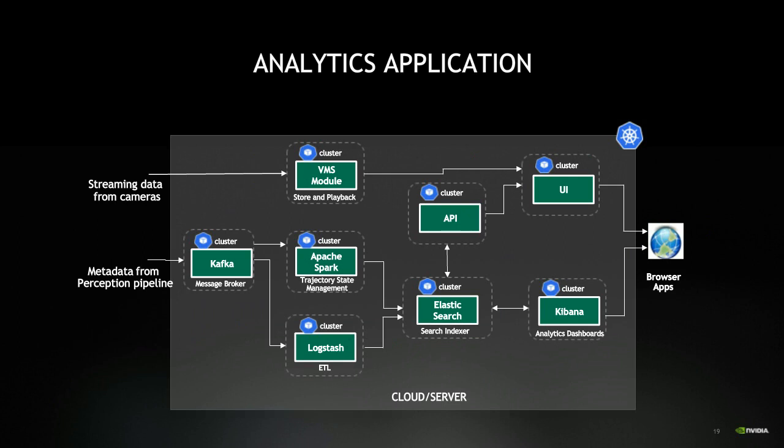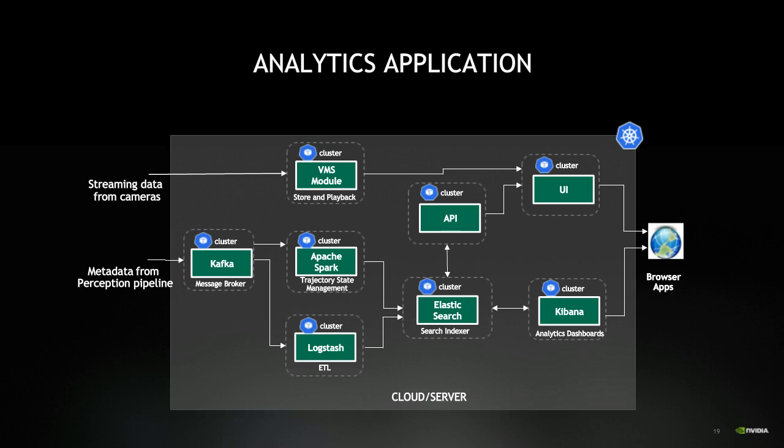Let's explore the architecture of the analytic application. The deployment of the analytics can be in a cloud or a Kubernetes cluster. Kafka Message Broker reads the message from the edge device and sends it to Apache Spark Engine and Logstash. Apache Spark will analyze the streaming data, build trajectory maps of the cars, and detect anomalies. Logstash for ETL will process the raw data and send it to the search indexer.